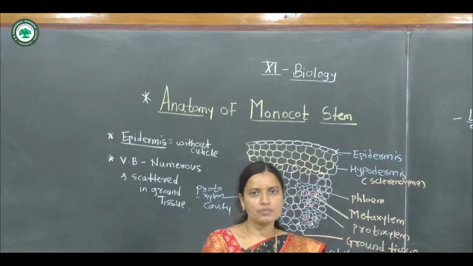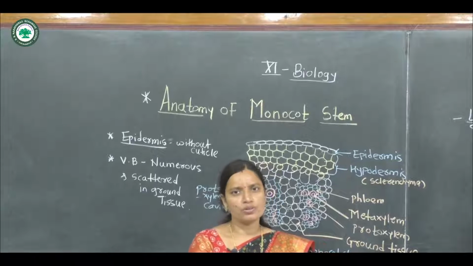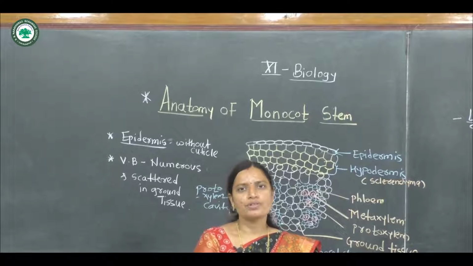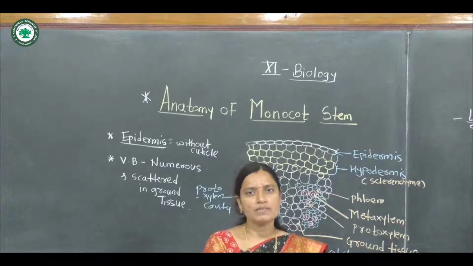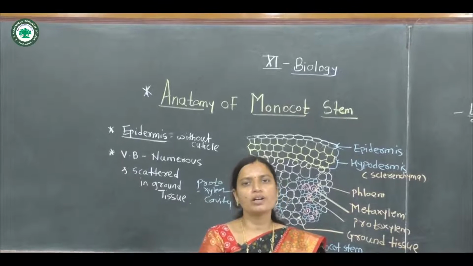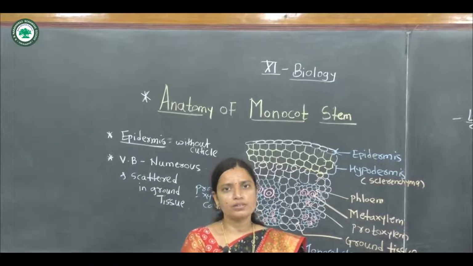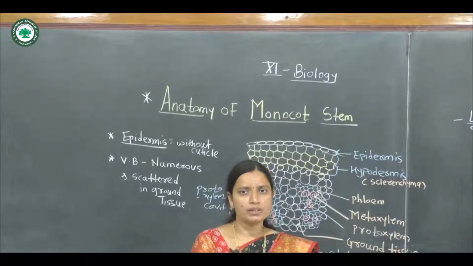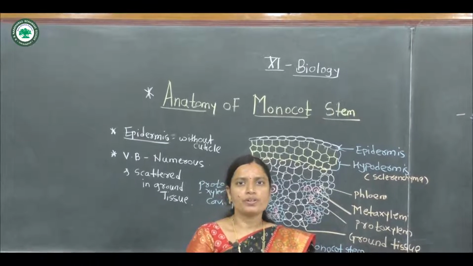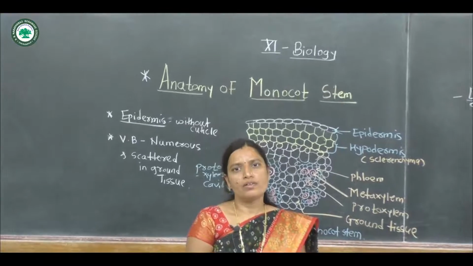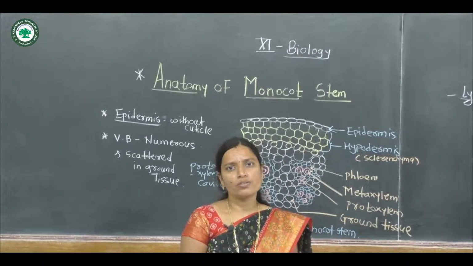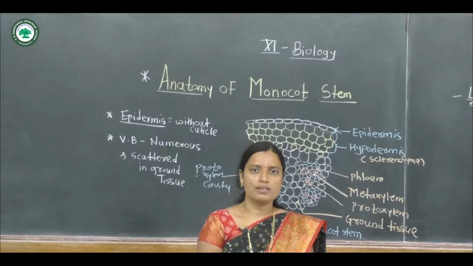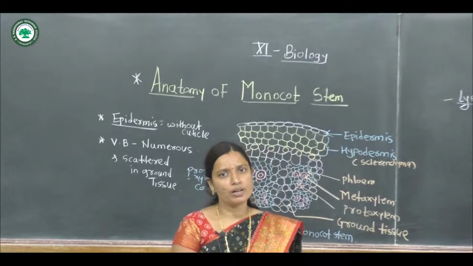The most important difference between dicot and monocot stems is that in dicot stem the vascular tissues are well developed and secondary growth is present, but in monocot stem the vascular tissues are not well developed, meaning secondary growth is absent in monocot plants. This is the main difference between dicots and monocots.